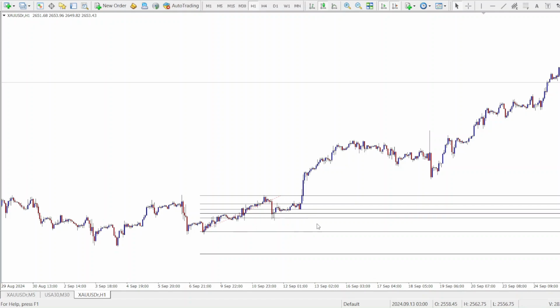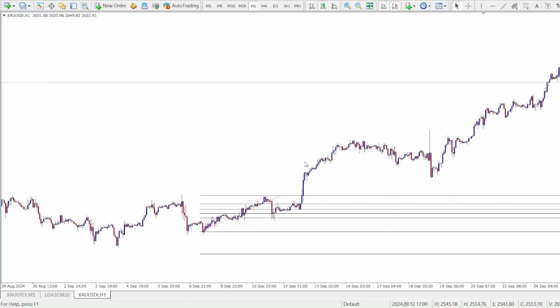So using the Fibonacci retracement as our tool for determining our entry points, you will have to wait for the price of gold to retrace to either the 38.2, 50, or 61.8% levels. If it goes below 61.8 towards here, then you shouldn't enter the trade anymore, right?